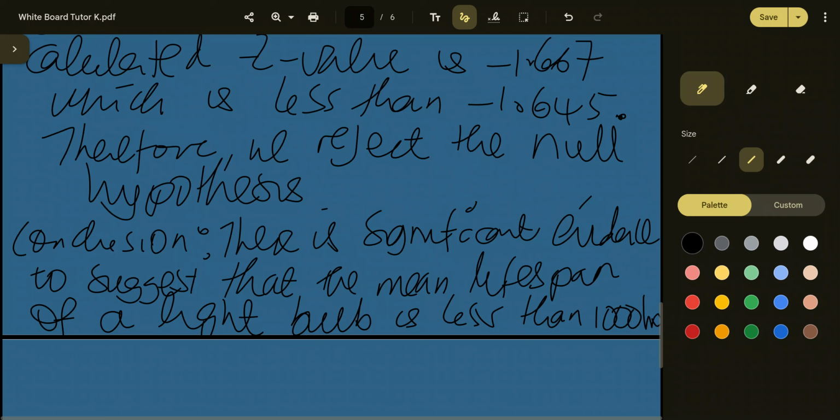So we conclude that there is significant evidence to suggest that the mean lifespan of a light bulb is less than what the manufacturer claimed, which was 1000 hours. Okay, let's look at the next example and see if it is still going to make some sense.